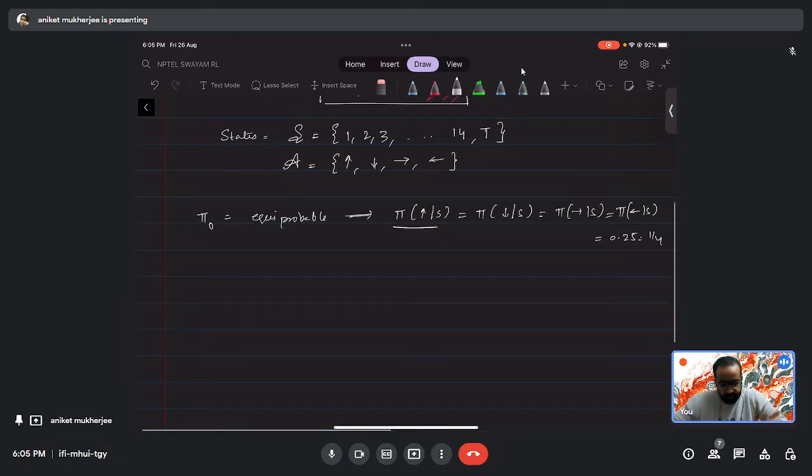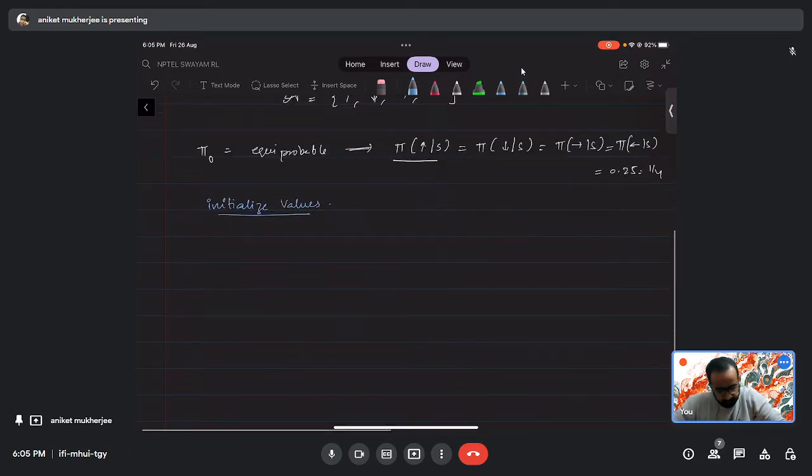So now first we're doing value iteration. So we initialize values. First initialize. Let me draw this.